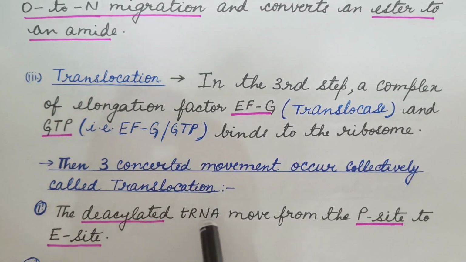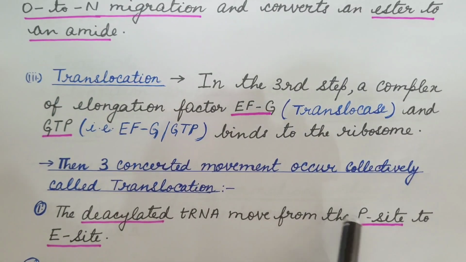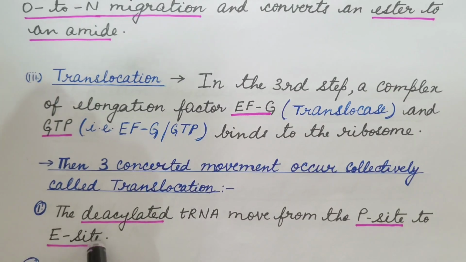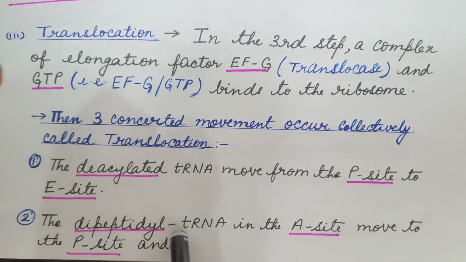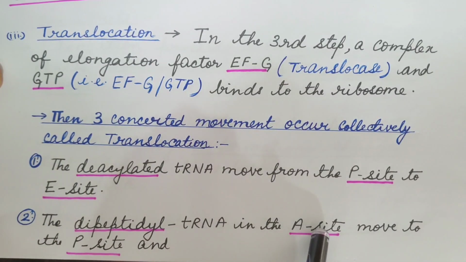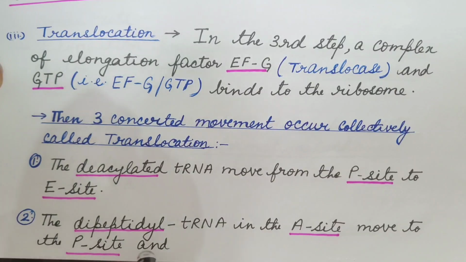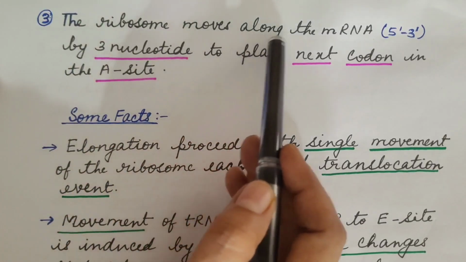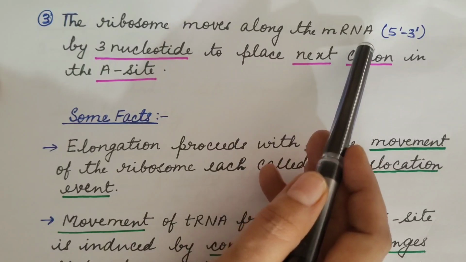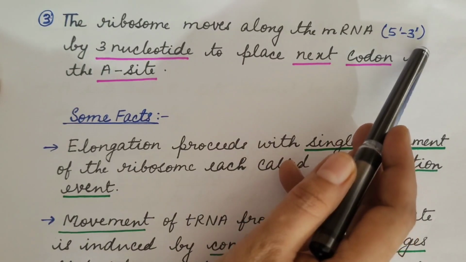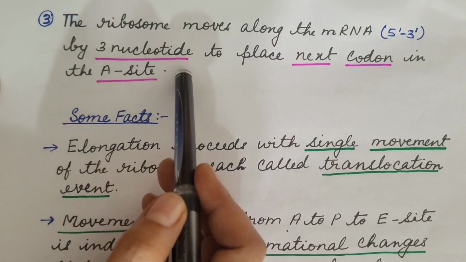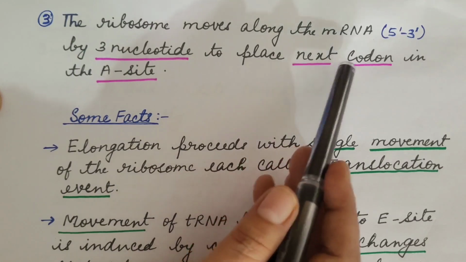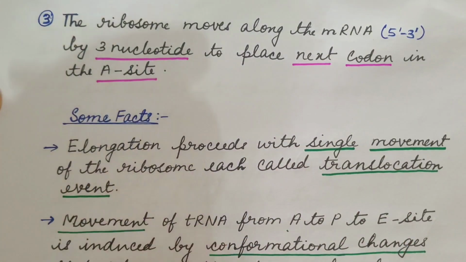First, deacylated transfer RNA moves from the P site to the E site. Second, the dipeptidyl transfer RNA in the A site moves to the P site. And third, the ribosome moves along the messenger RNA, that is in the 5' to 3' direction by 3 nucleotides to place the next codon in the A site.